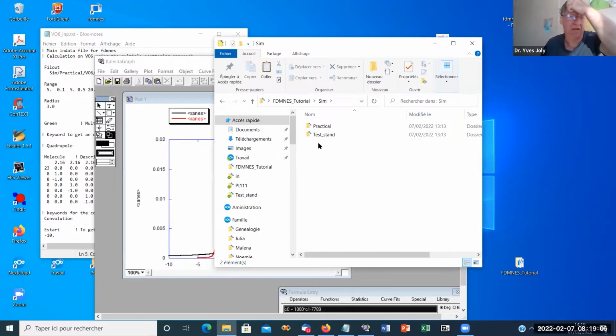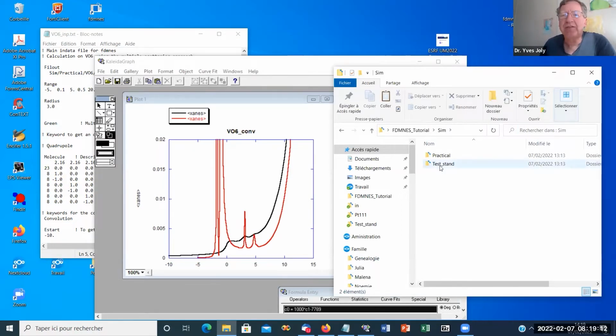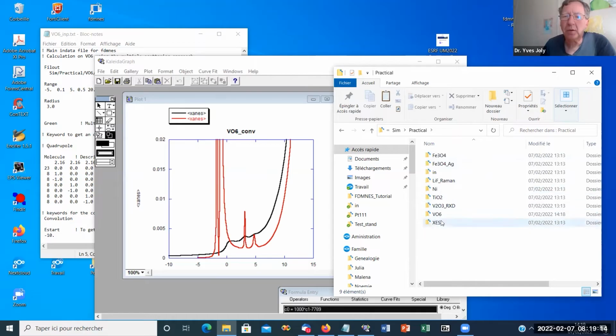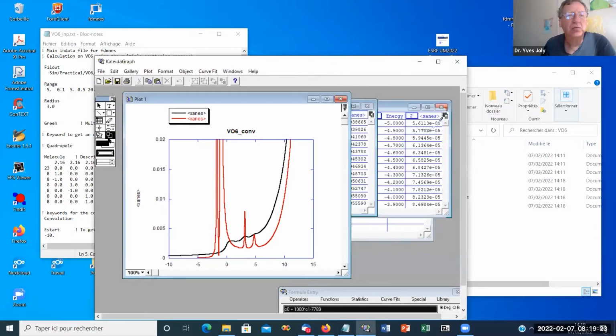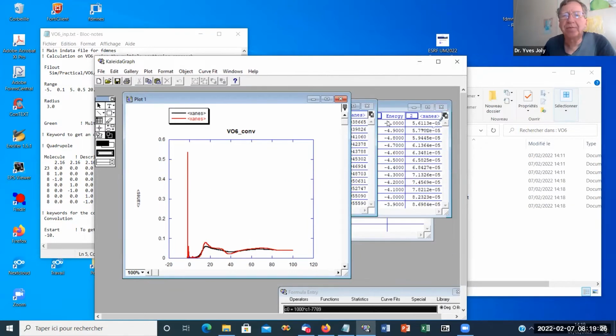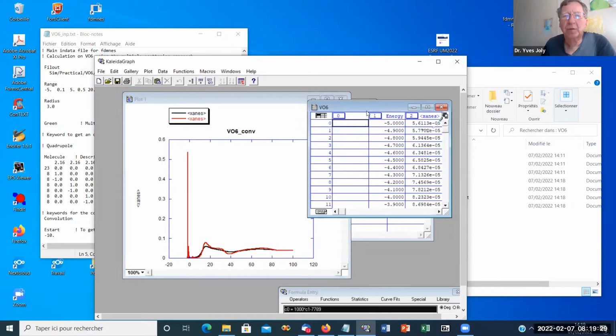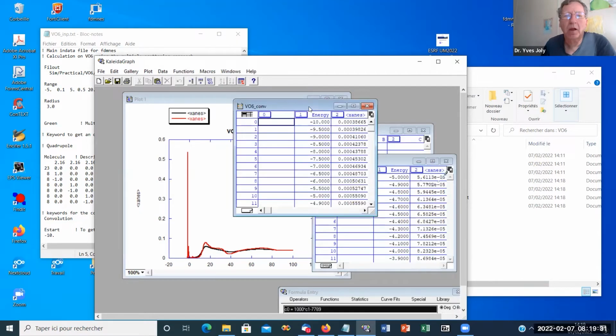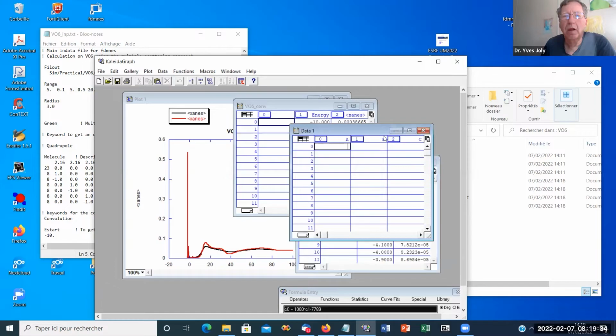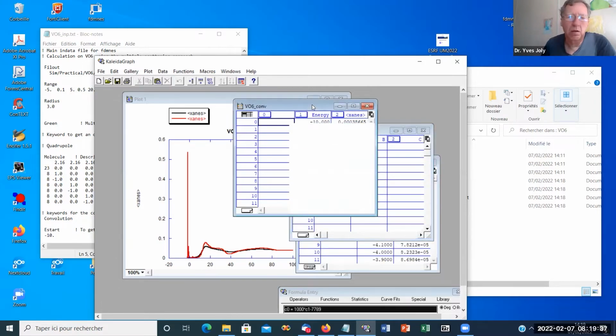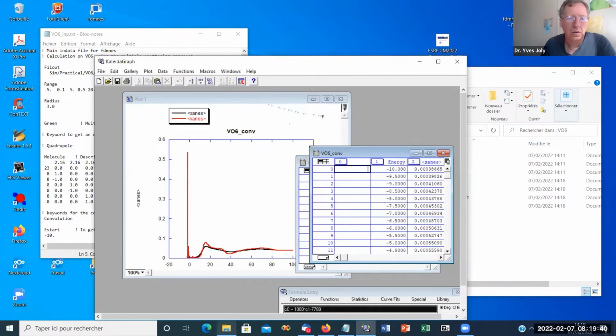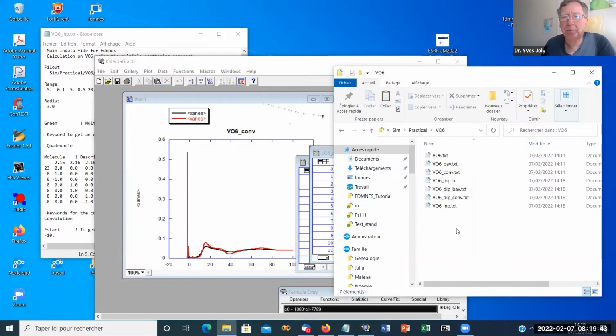Okay, so now I propose you can compare this new calculation with the previous one. So maybe to see better, it's to plot the not convoluted one. So the new output files are here.